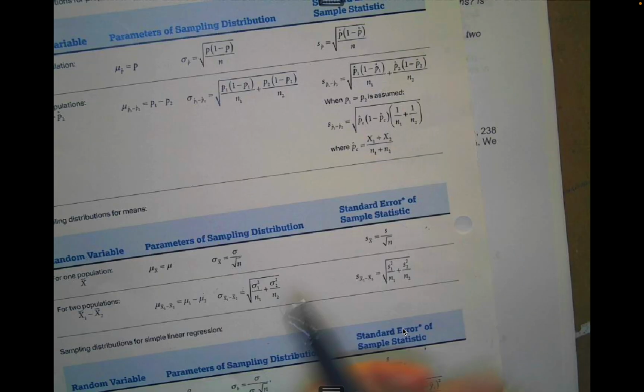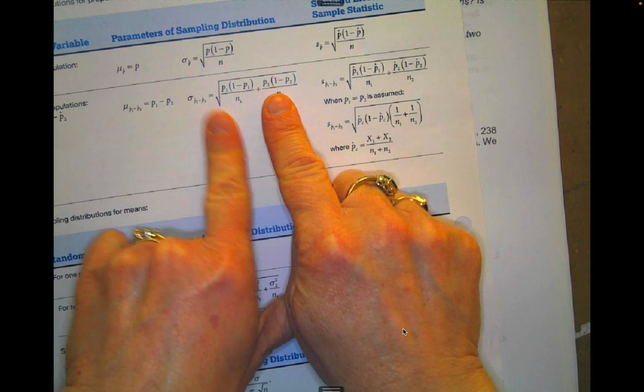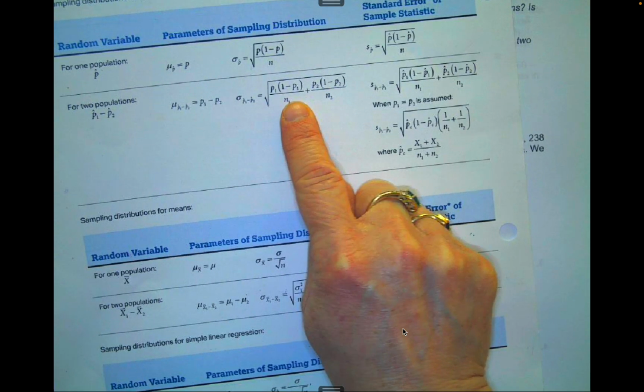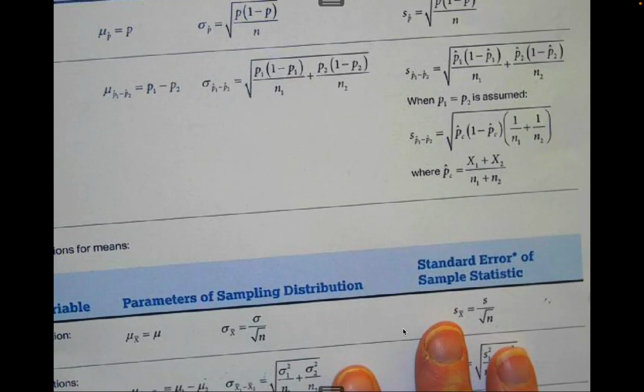So when we did this back in Unit 5, we were just using this formula right here.